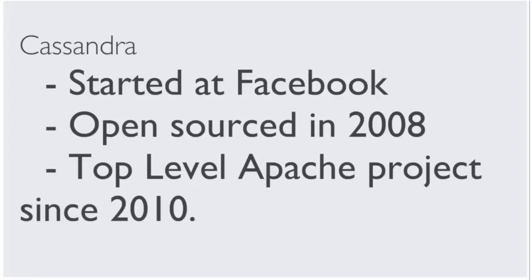Cassandra was famously started by Facebook, and they used it to provide search for their inbox feature. They donated it to the Apache Software Foundation in 2008, and in 2010 it became a top-level project at Apache, which means it came out of incubation. It was deemed to be a mature, stable project.